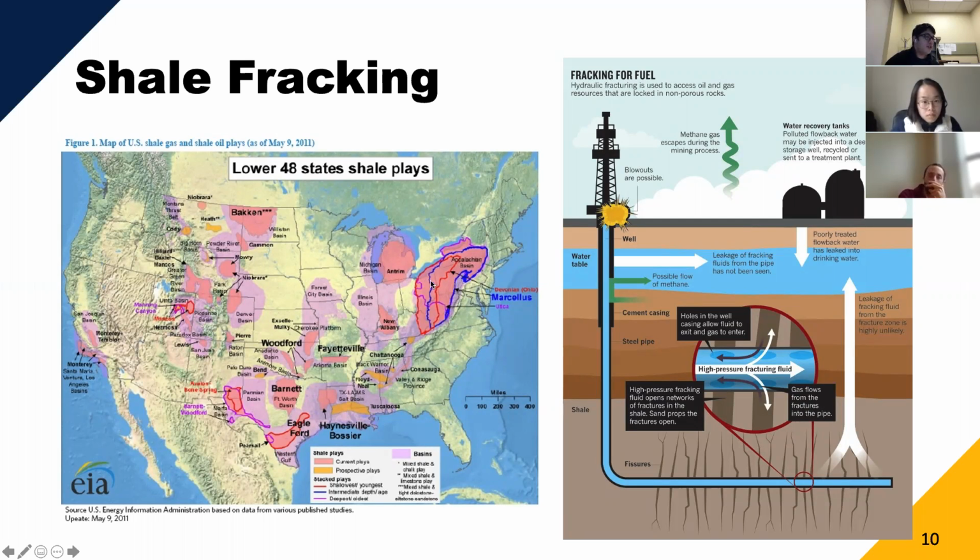It turned us from a net importer of natural gas to a net exporter. It also caused prices for natural gas to fall to a level where natural gas became as competitive and then more competitive than coal resources.